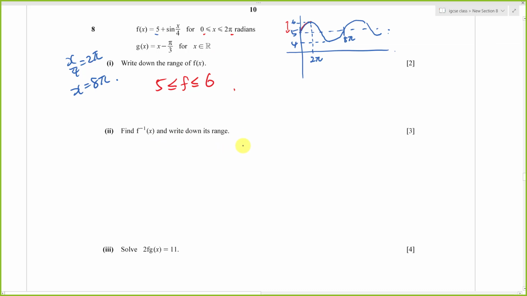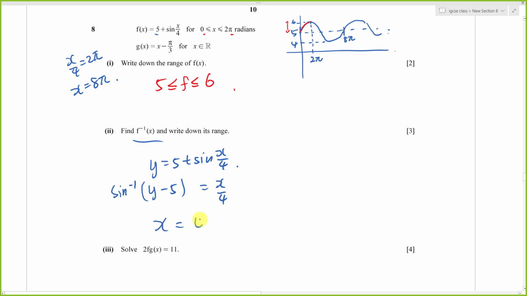Find the f inverse and write down its range. This one is the weird one, but this is how you do it, because normally we don't have a function in sine inverse or cos inverse, but in this case you do. So I make f(x) equal to y. So y minus 5, and then I move the sine, it will be sine inverse x over 4.